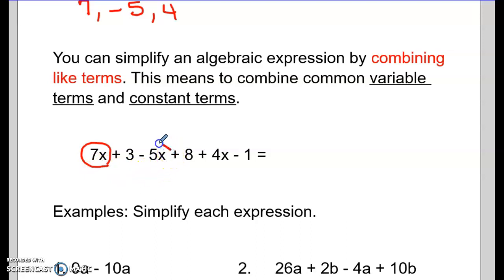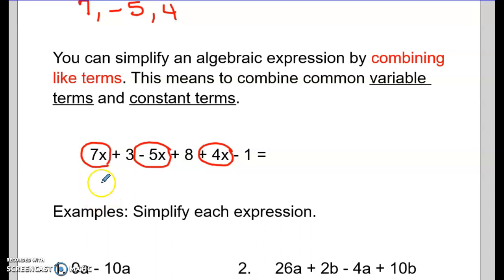We have negative 5x because it's a number and it has the variable x. And then we also have 4x because it has the number 4 in front of the variable. So there's a number and a variable for each of these terms. Now we just have to combine them together.